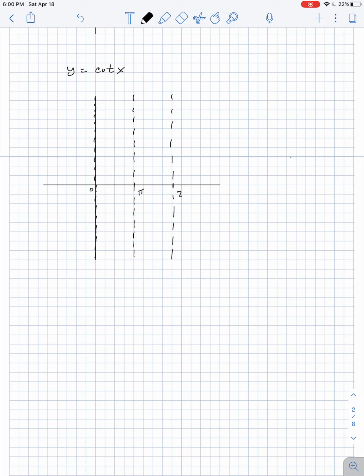Now you only need to draw one period of this, but that's what it is, and it's a backwards cubic. Okay, so it goes down from left to right, as opposed to the tangent, which is actually a cubic, up from left to right. So this is what we would consider one period.